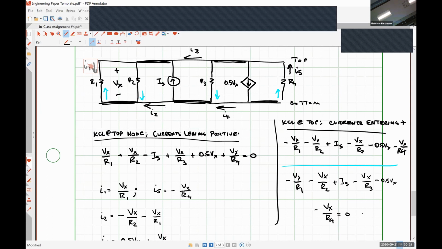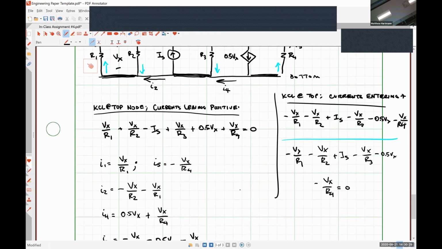And you just need to make sure that when you substitute in Vx to all these other relationships, you're using the negative value, regardless of the sign. So in this case, I1 would be negative and I5 would be positive, because positive, negative some quantity gives us a negative number, and negative, negative some quantity gives us a positive number. So it all works itself out in the end to be correct.